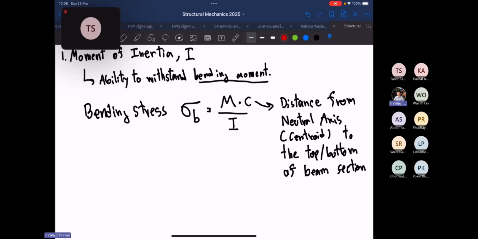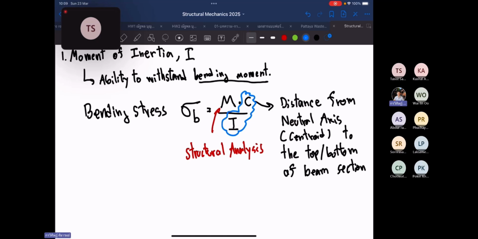Okay, from structural analysis, you have learned how to determine the maximum bending moment in a section, so you can determine this maximum bending moment. And for the section selection, this one we can select from the steel table.